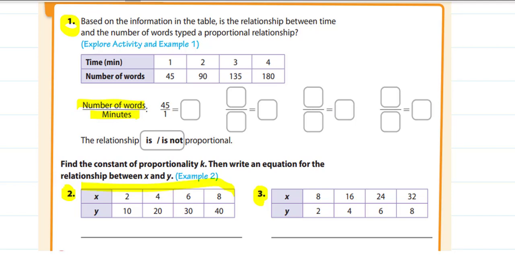So you might as well just write the tables out. Show me if it's proportional or not. I want to see how you found the constant of proportionality, and write an equation for number 2 and number 3. All right, this page will also be listed in Canvas for you guys to do if you need to look at it there, but you can just pause the video here and use it.